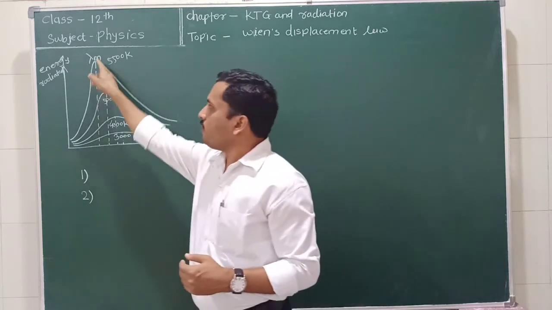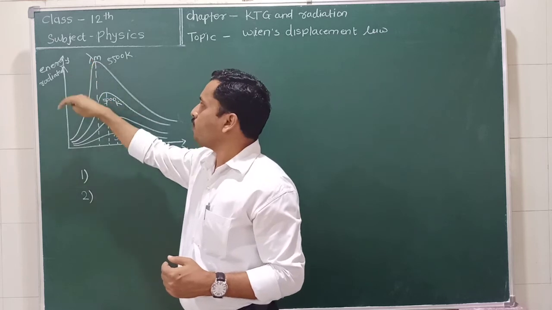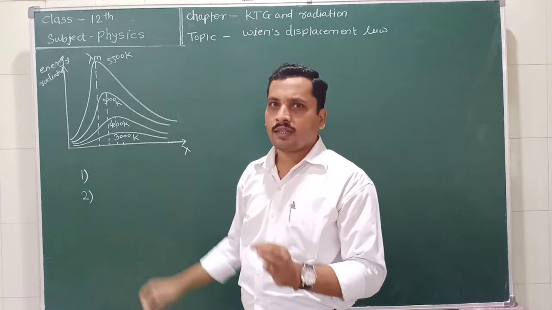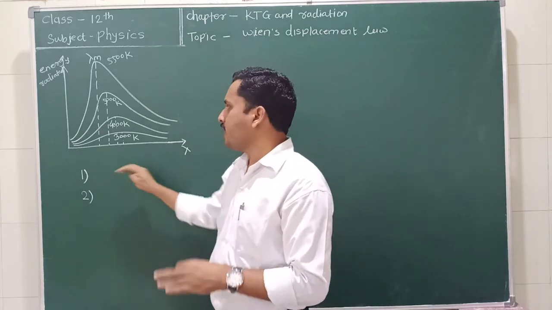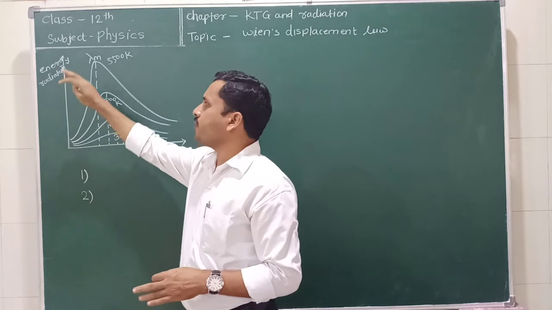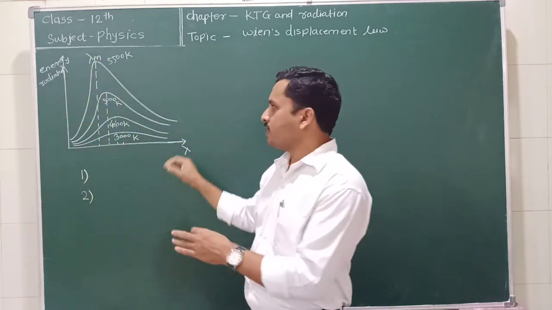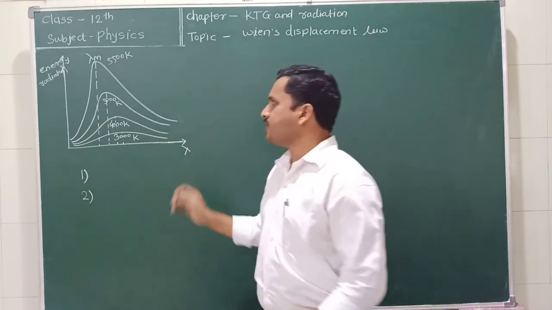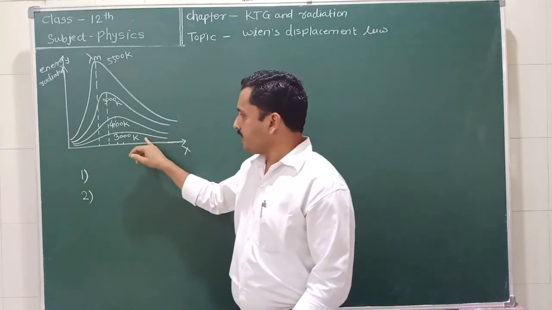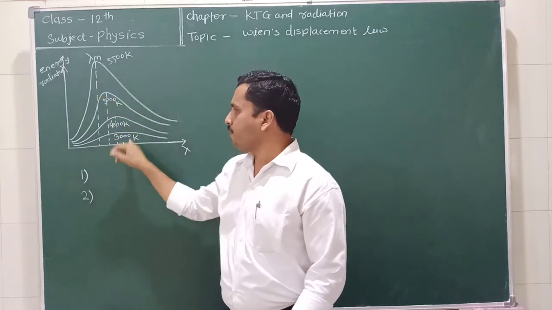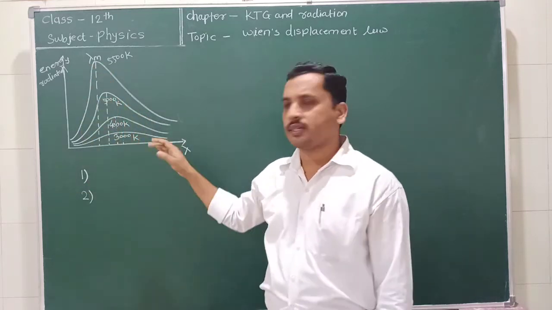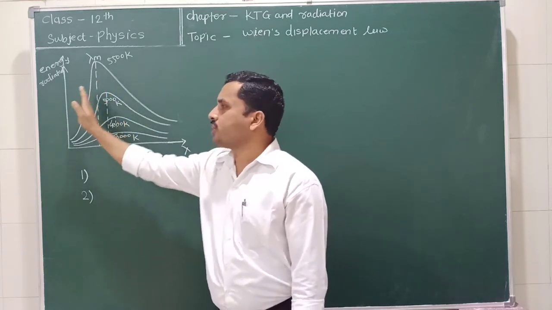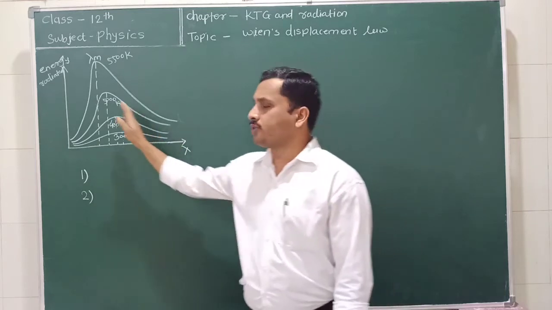The wavelength corresponding to the maximum intensity of the radiation emitted is denoted by lambda m. It is the property of the perfectly black body. Now, as the temperature of the perfectly black body goes on increasing, the peak of this graph shifts towards the shorter wavelength.